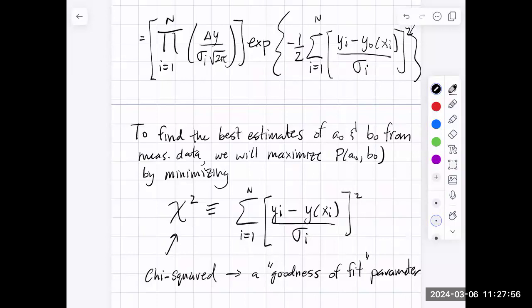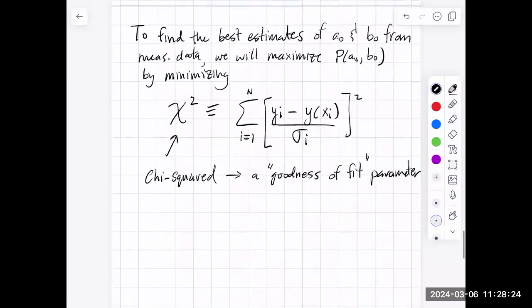The other benefit this has is that it's weighted by 1 over sigma squared. So points that have very large values of uncertainty are going to be less important because we're dividing by a large number, compared to terms that have a small value of sigma, where we divide by a small number and make a larger contribution to the sum. Okay, good.